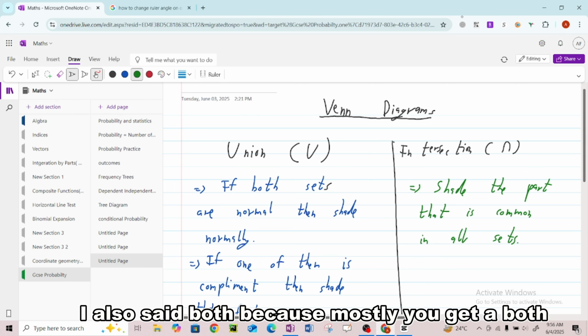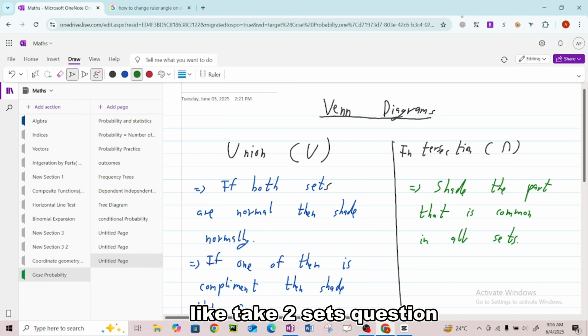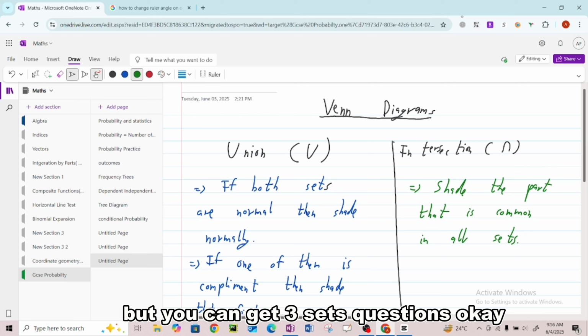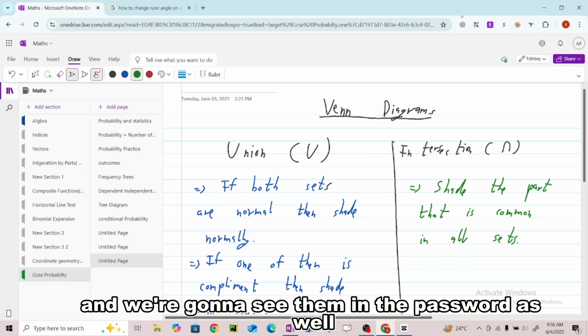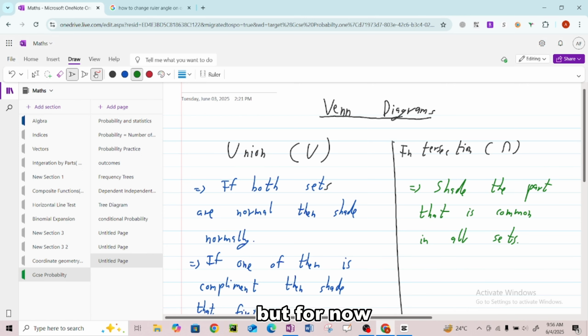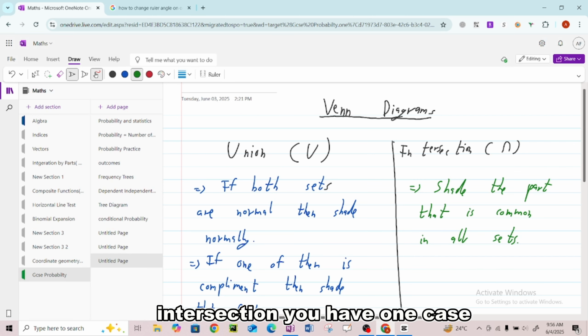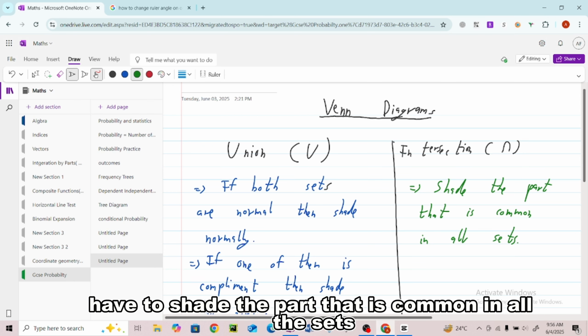I also said both because mostly you get two sets questions, but you can get three sets questions, and we're going to see them in the past paper as well. So in union you have three cases. In intersection you have one case: you just shade the part that is common in all the sets given in the question.